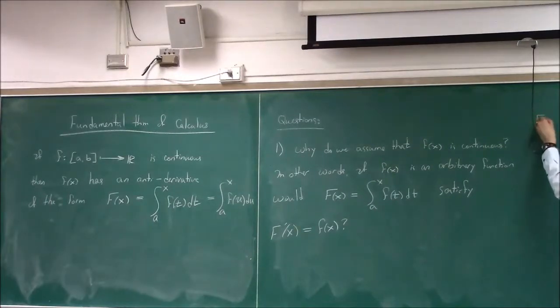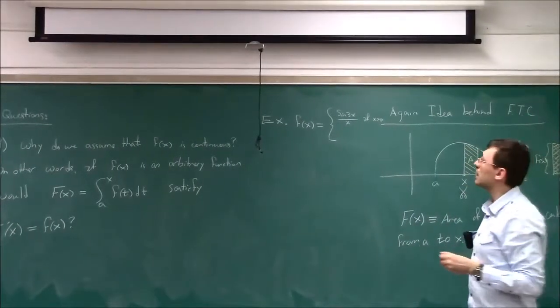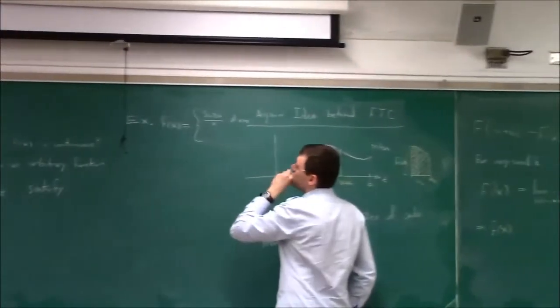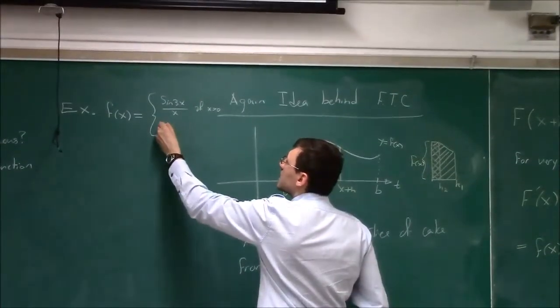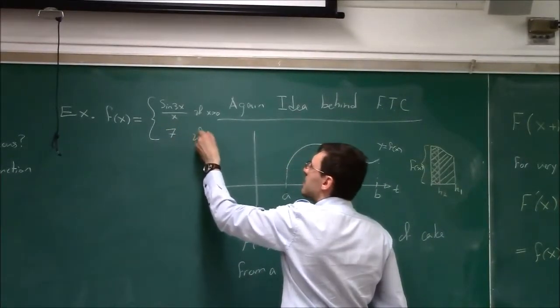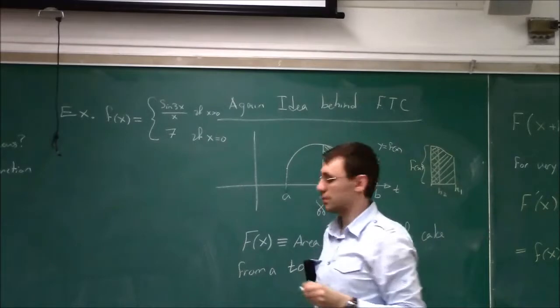So example, suppose that we have f of x equal to sine of 3x over x if x is bigger than 0, okay, and it is equal to 7 if x is equal to 0.